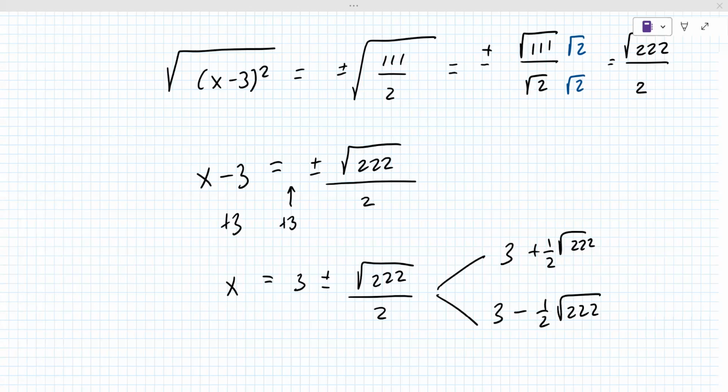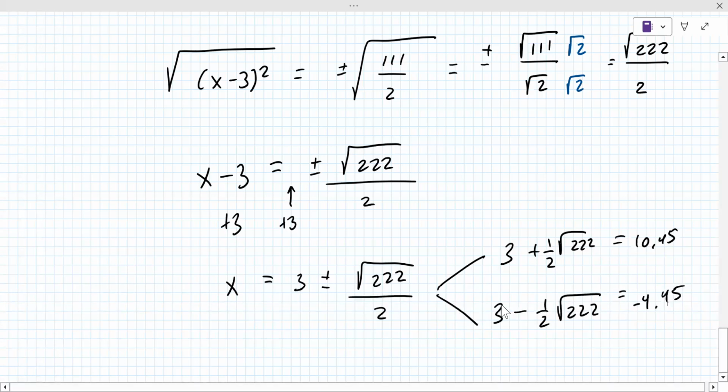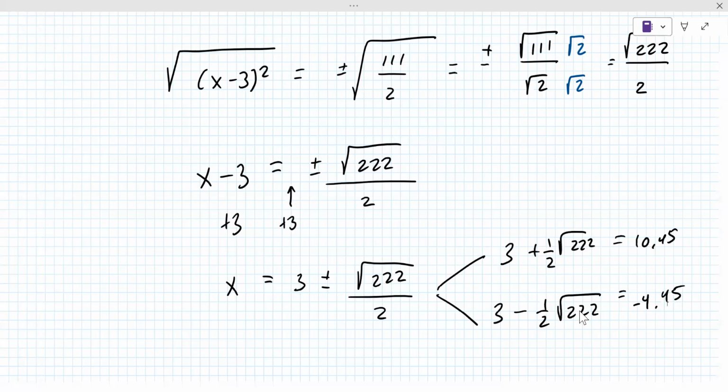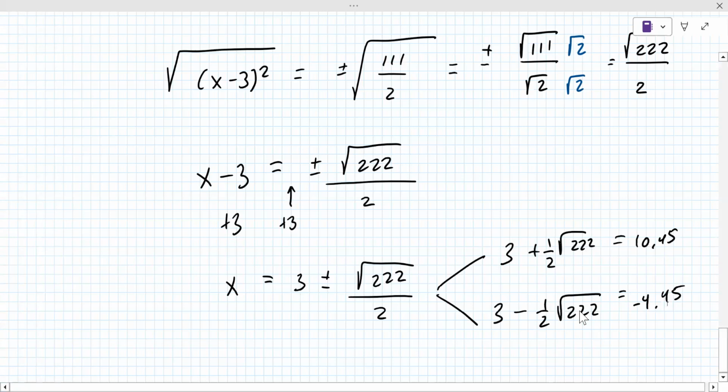Yes, that's what it looks like. 10.45. And then minus 3 is 4.45. Negative, because it's 3 minus. The order matters here: 3 comes first, subtracting this number. Is that unclear? No, that makes sense to me now.